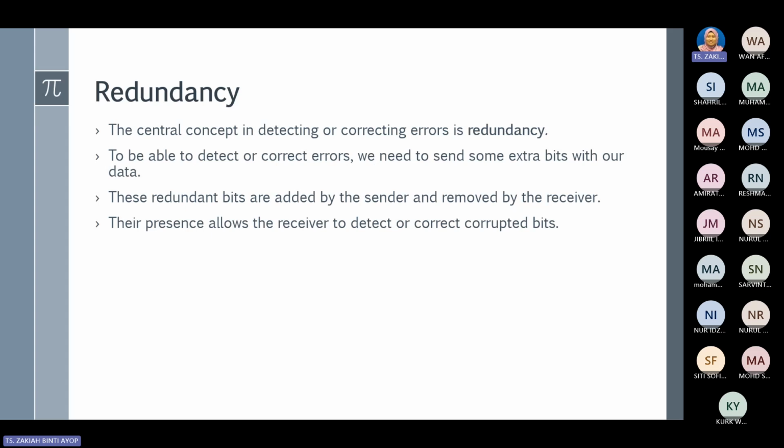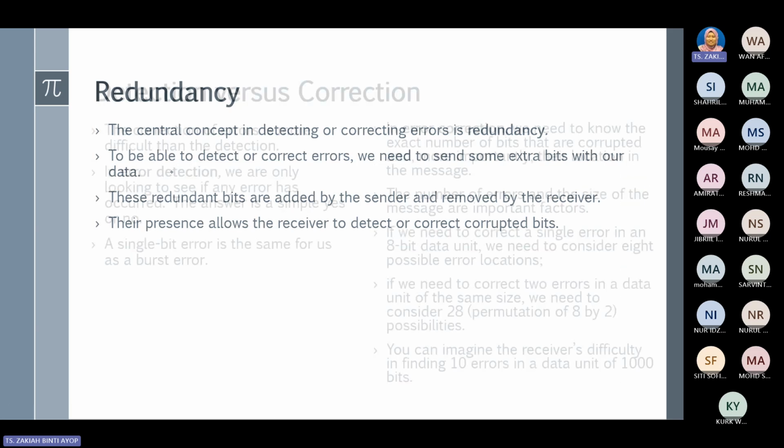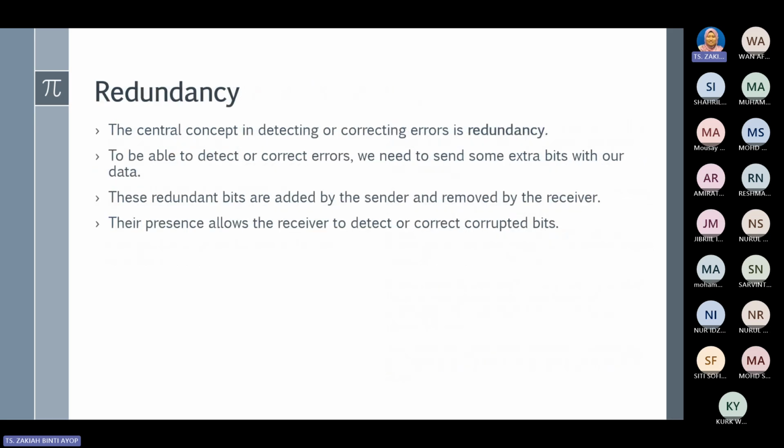So how do we solve it? We use the concept of detecting or correcting errors using redundancy. To be able to detect or correct errors, we need to send some extra bits with our data.